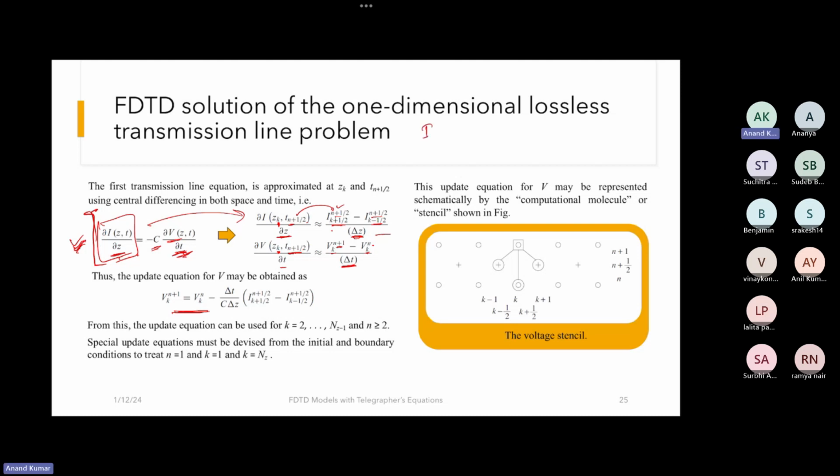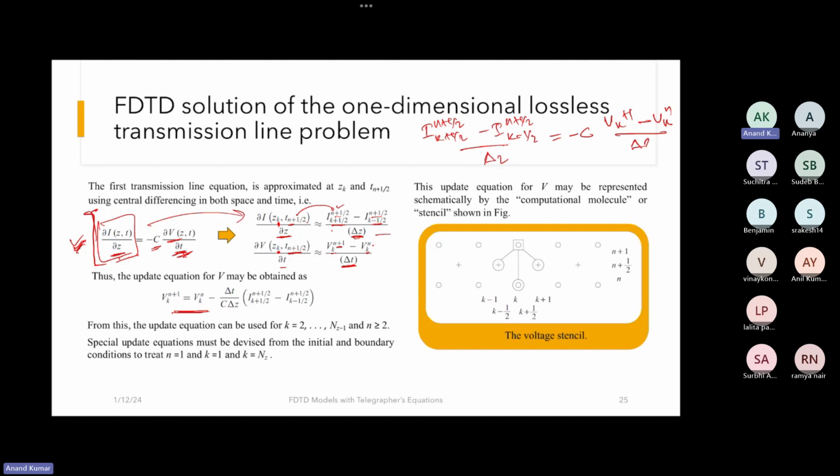I n plus half k plus half minus I n plus half k minus half, divided by delta z, equals minus c times v k n plus 1 minus v k n, divided by delta t.